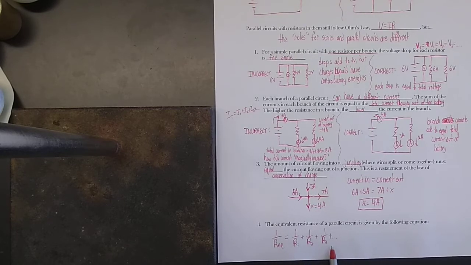Even though we have fractions here, as you keep adding resistors in, you're going to keep increasing this side, which means you're increasing the inverse. But what happens when you take the inverse? If you're increasing something and then you take the inverse of it, that means divide it by 1.